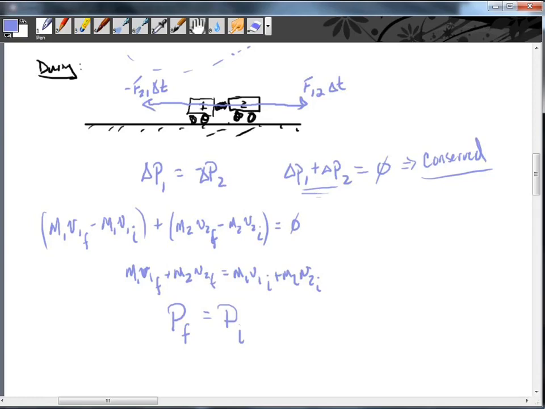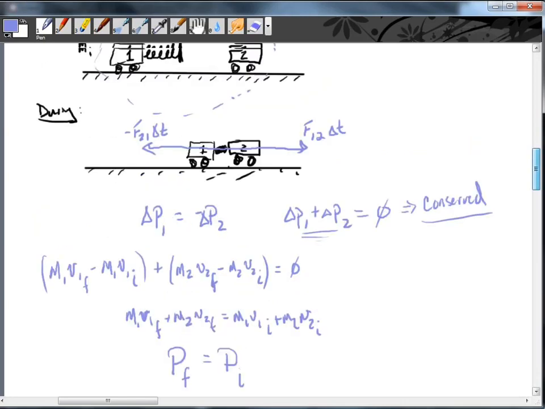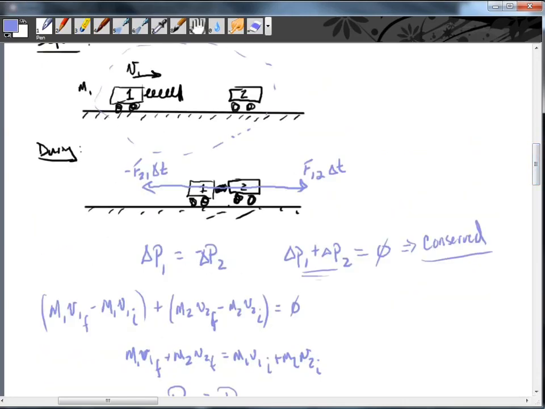Okay. Now, again, what was the assumption on all of this? The assumption is that there are no external forces, right? If there was an external force acting upon this system, momentum would not be conserved.